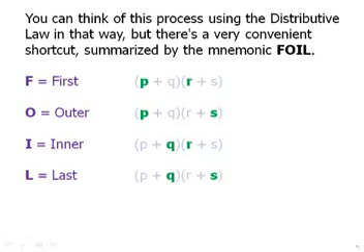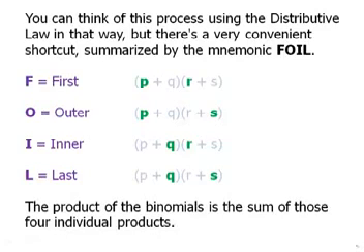So those are the four pairs we're going to look at, summarized by first, outer, inner, last. The product of the binomials is the sum of those four individual products. So in other words, if we add first plus outer plus inner plus last, that is the product of the two binomials.